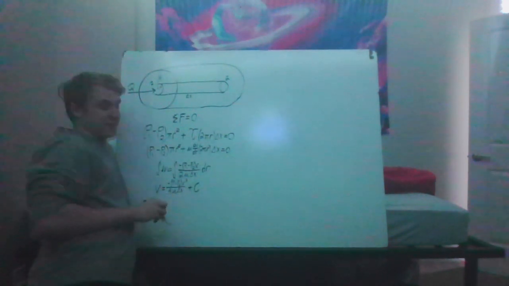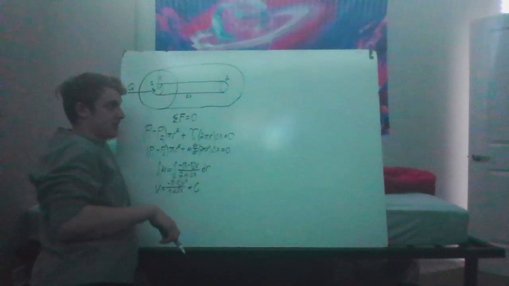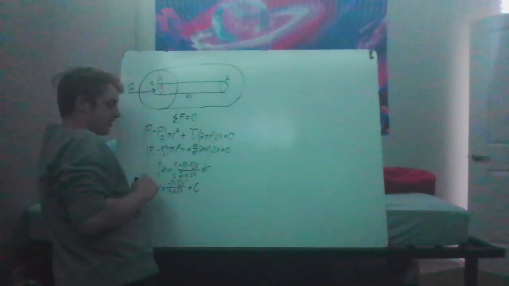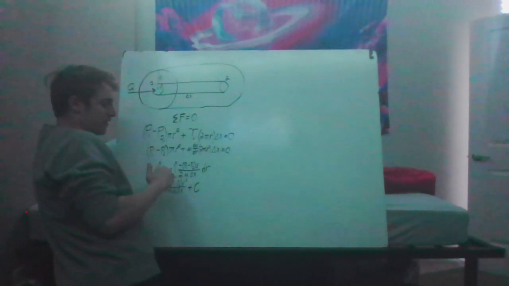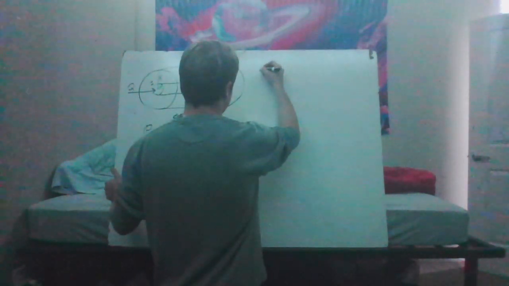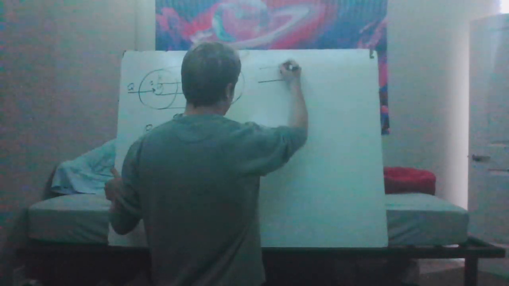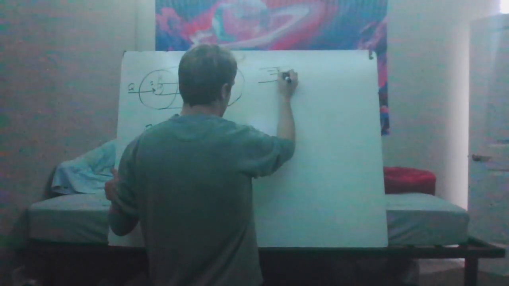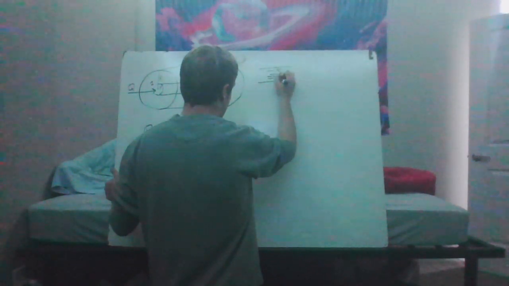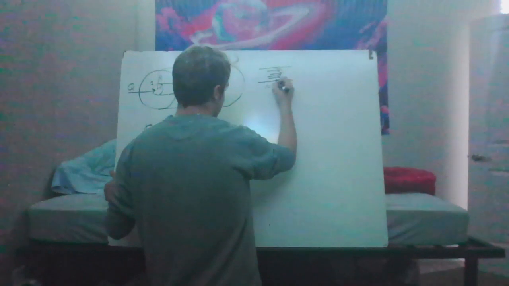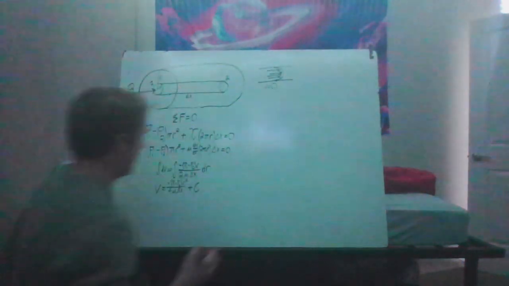So now our next goal will be to figure out what this c is. In order to do that, we need to figure out a velocity and a radius that we know. If we look at what the velocity profile would look like, since this is laminar flow, it would look something like this, where at this outer radius, the velocity will equal 0. So we can plug that in.